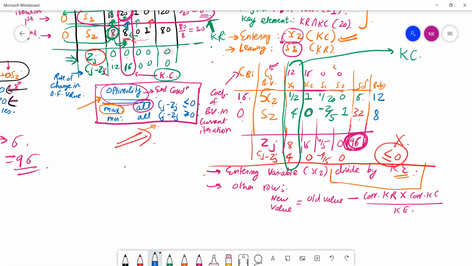Whatever minimum ratio was there, it's 8. So this will be serving as our key row. And this 4 is nothing but our key element.